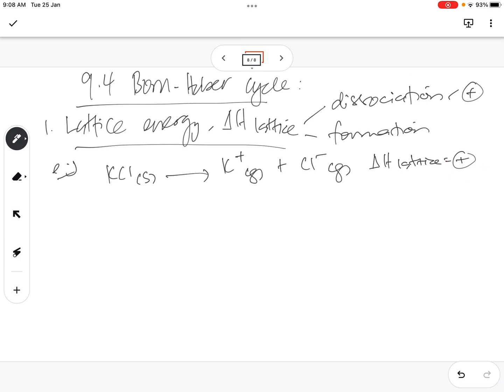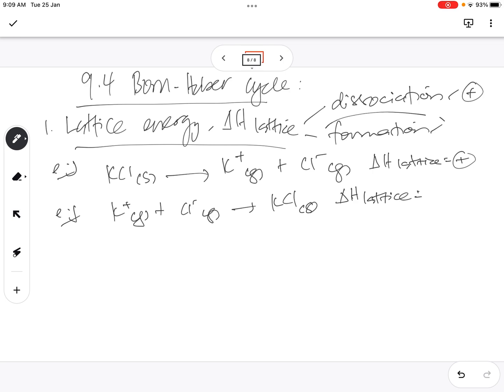The second one is lattice energy formation. It is heat released when 1 mole of ionic crystal is formed from its gaseous ions. It is totally opposite. If we reverse the equation, gaseous ions plus chloride gas become KCl solid. This is also lattice, but this is lattice energy formation, which is exothermic.